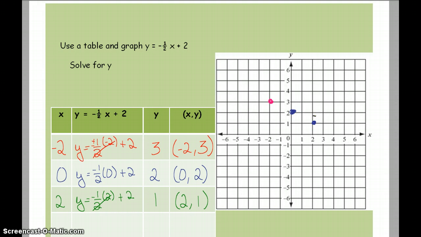Get my straight edge, connect these together. Remember to put my arrow on the end, and there's my graph.